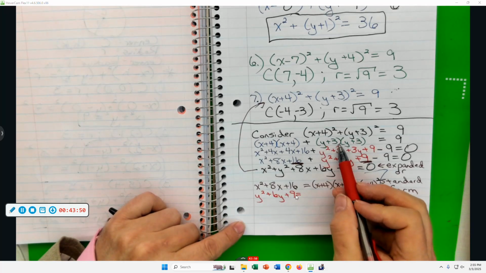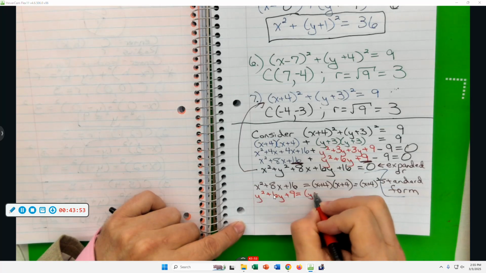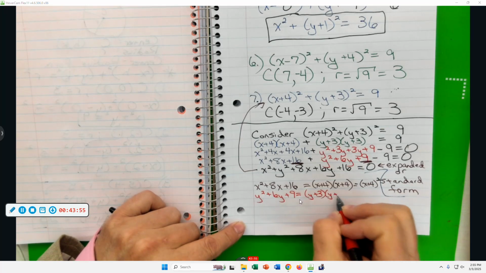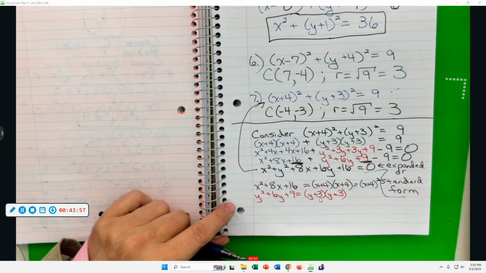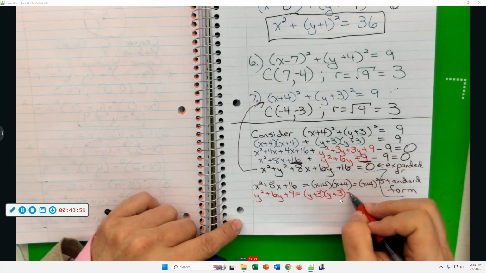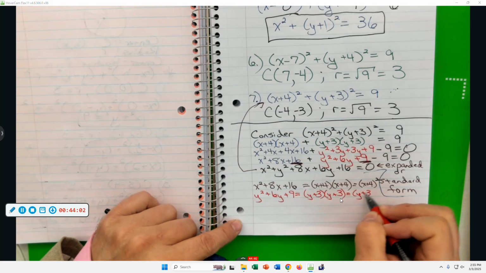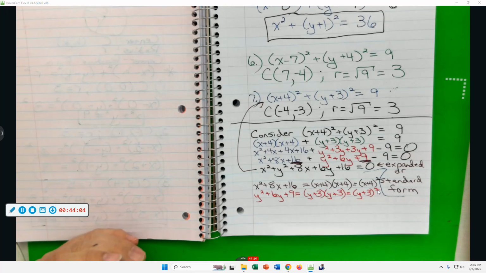That's a y plus 3 times a y plus 3. If you factored it out, you get y plus 3 times y plus 3, which is the same thing as y plus 3 quantity squared.